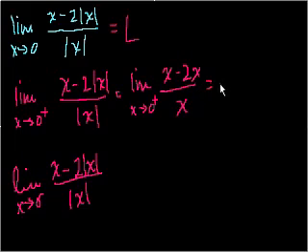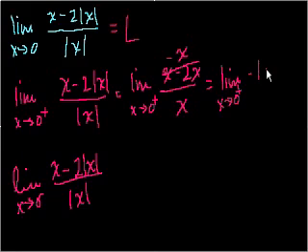And so that equals the limit as x approaches 0 from the positive side. Let's see, that's x minus 2x. This is minus x, right? And then minus x divided by x is minus 1. So the limit as x approaches 0 from the positive side of minus 1 is just going to equal minus 1.